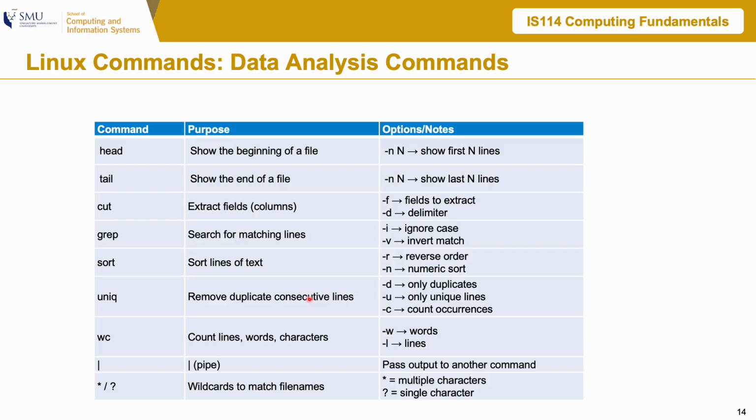Remember, uniq only removes consecutive duplicate lines, so it often runs after a sort command to make sure all duplicates are next to each other. wc is used to count the number of characters and lines in the file. And the pipe symbol is used to chain two commands together. It takes the output of the first command and feeds it as the input of the second command.